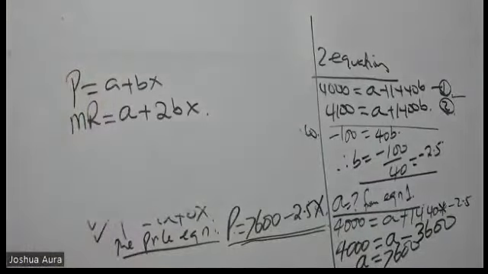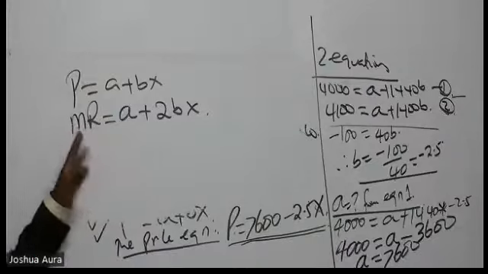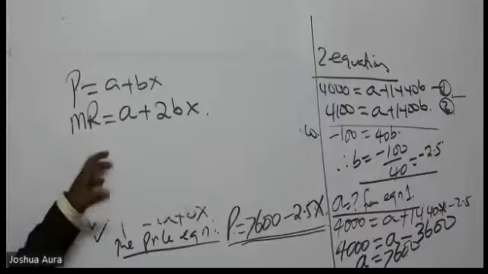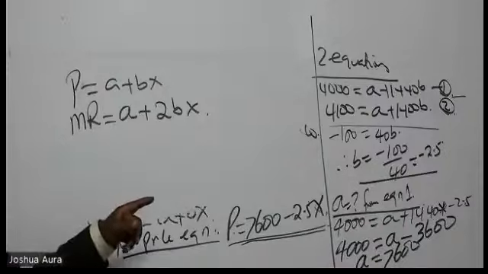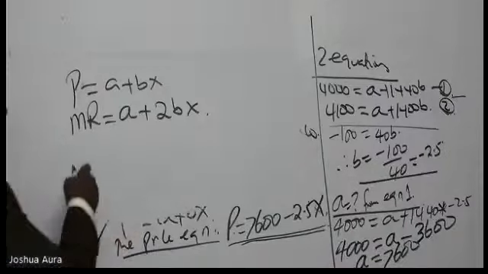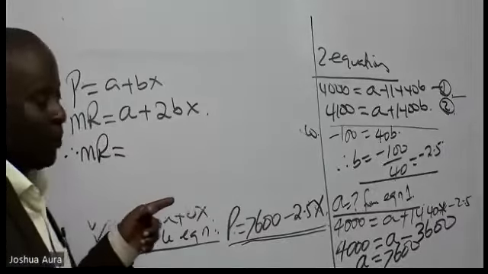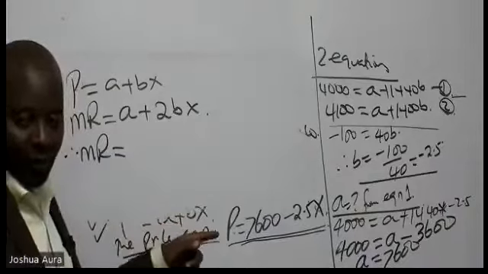You were in my class, I must have told you that if price is A plus BX, then for marginal revenue you can take this shortcut where you say marginal revenue is A plus 2BX. Now listen. In this question, do we know what our A is? 7,600, isn't it?